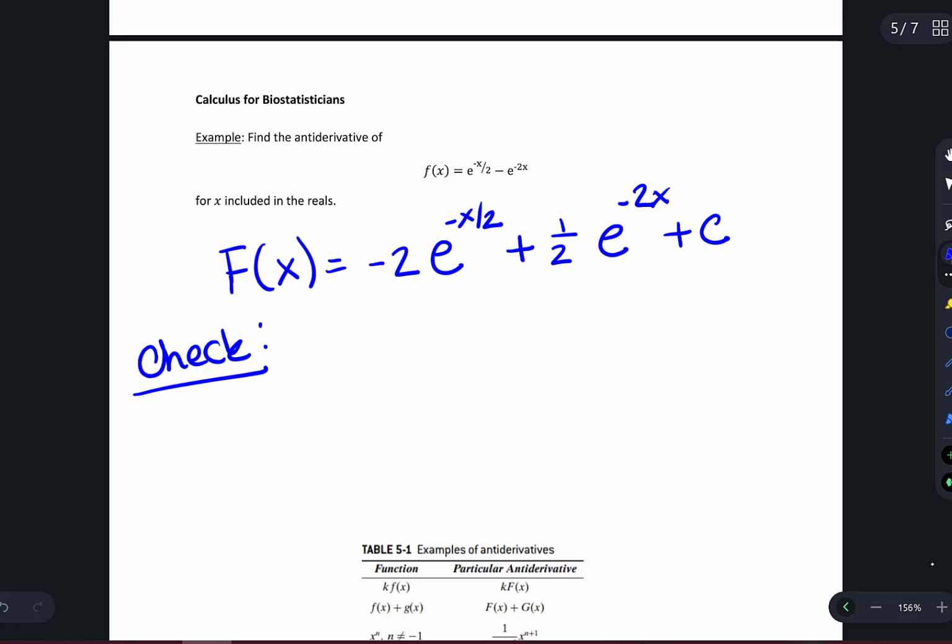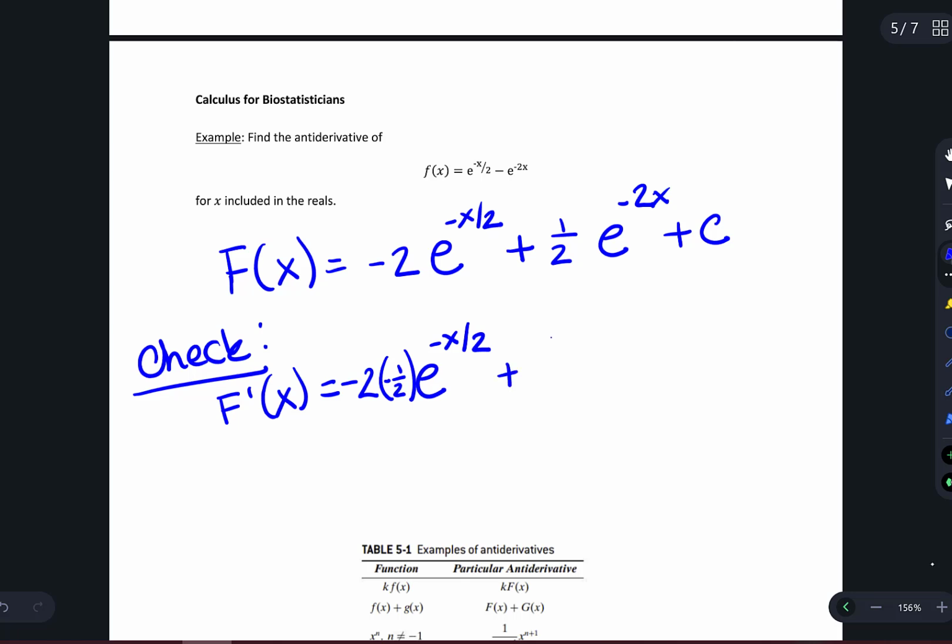And then to do a check, I'm going to take again the derivative of the antiderivative to see if I get back to the original function. So applying the chain rule to the first term, I'm going to end up with e to the -x divided by 2, multiplied by my -2 constant that I had, and then by application of the chain rule, I'm going to multiply by -1/2.